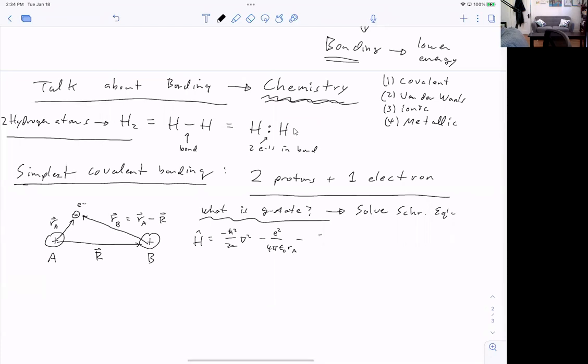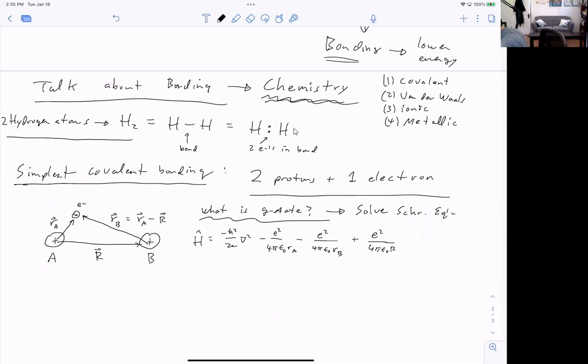But it's also going to be attracted to the second guy, negative e squared over 4 pi epsilon naught RB. And then, of course, the 2 nuclei will repel each other, e squared over 4 pi epsilon naught big R. That's the Coulomb repulsion between the 2 nuclei.